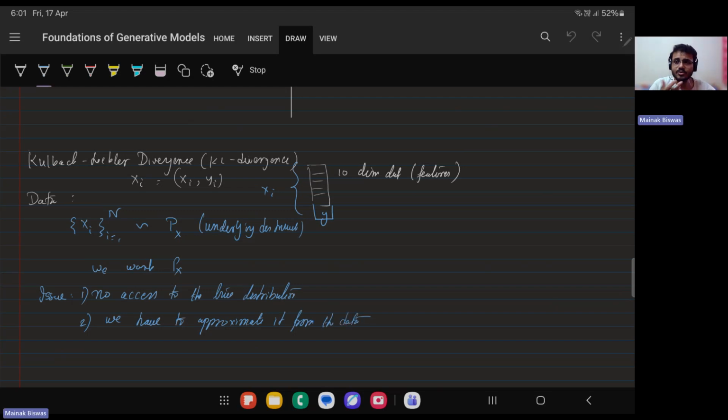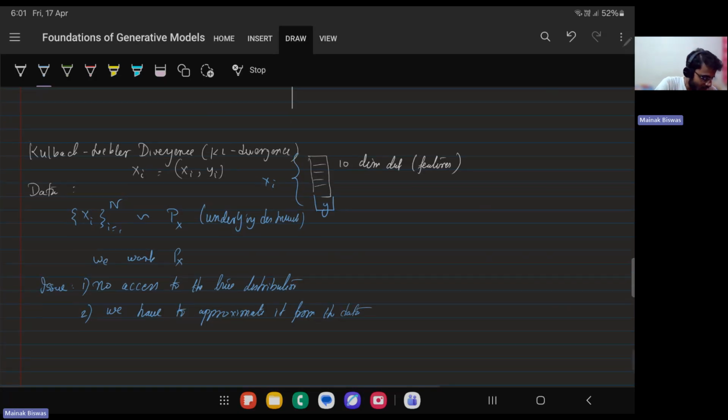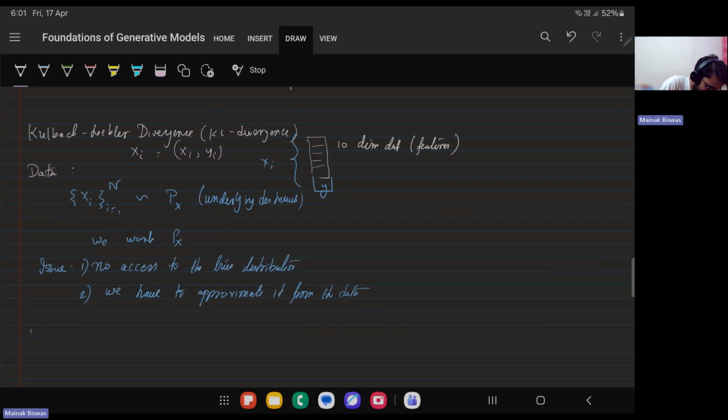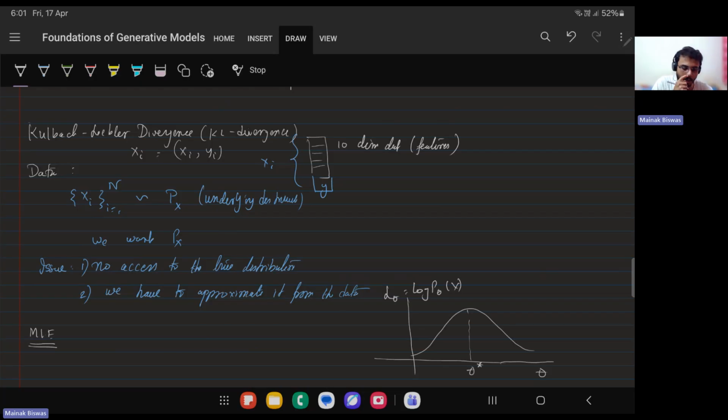One of the ways we had done it in the past is by maximum likelihood estimation. If you recall, say I have all these model parameters theta, and this was my likelihood, log p theta of x. I would choose the best theta that explains the data, that has the maximum probability of being observed under the model. So theta star is the parameters corresponding to the maximum value of the likelihood or the log likelihood of the data.